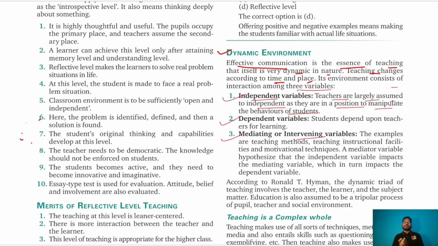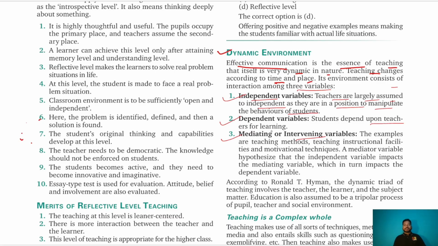So the independent variable is the teacher. Why? Because the teacher is in a position to manipulate the behavior of students. And the dependent variable? Students are the dependent variable because they depend upon the teacher.